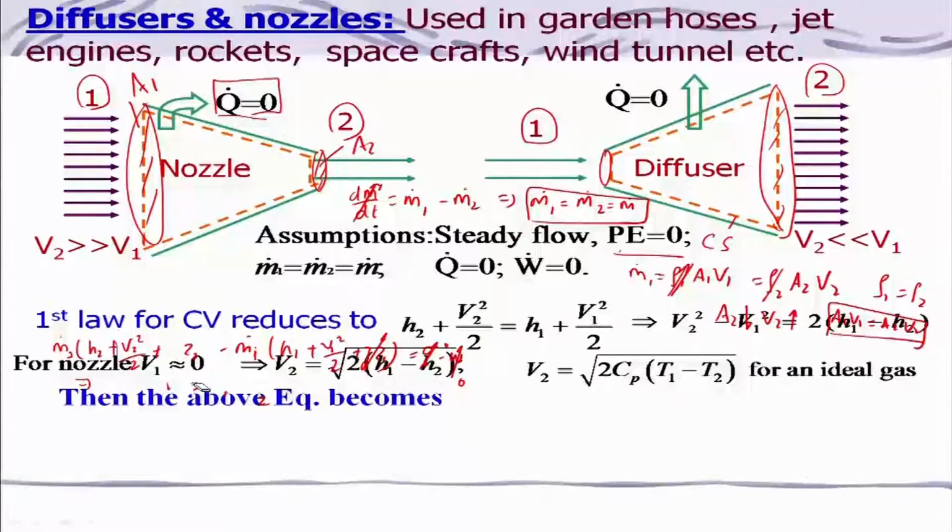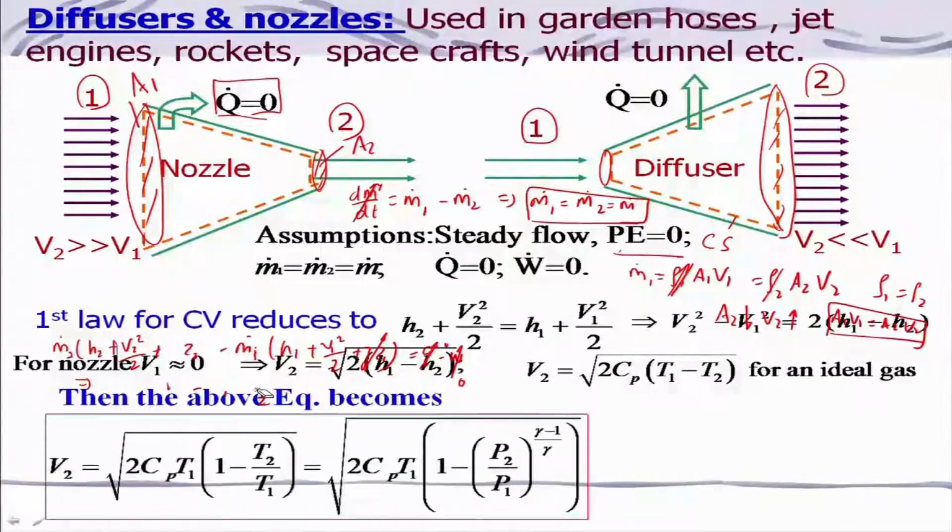So the above equation becomes V2 is equal to root over 2 Cp T1, taking T1 out as a bracket, (1 minus T2 by T1). If I assume the flow to be isentropic, then I can relate the temperature ratio T2 by T1 to the pressure ratio using the isentropic relationship, T2 by T1 is equal to P2 by P1 to the power (gamma minus 1) divided by gamma.